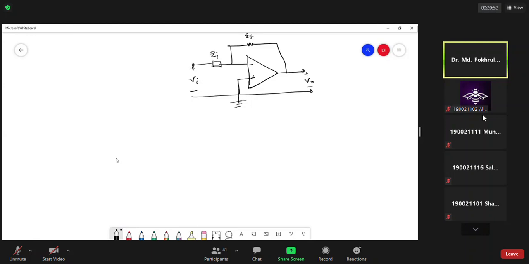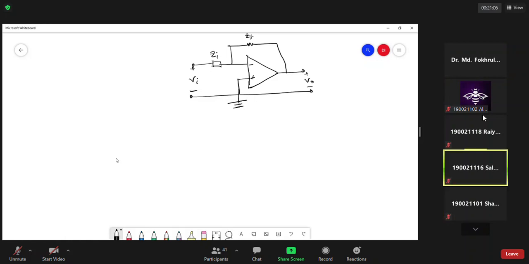We can say this is a simple inverting operational amplifier. Is it or not? Yes, sir. Depending on the input impedance and the feedback impedance, we can make a first order low pass or high pass.